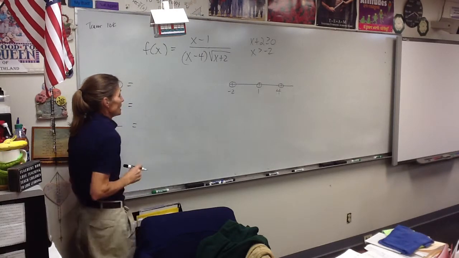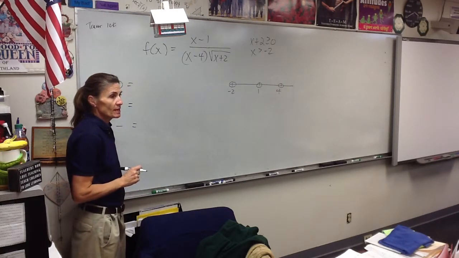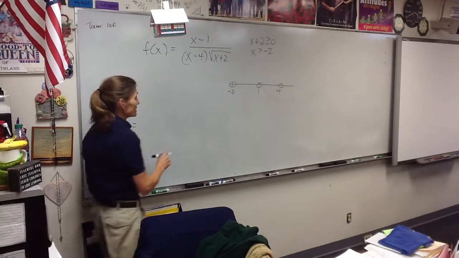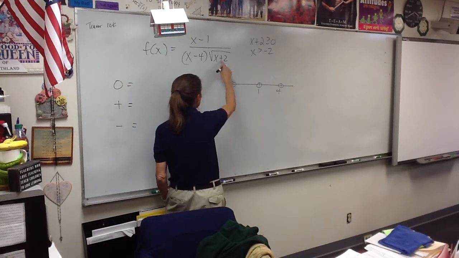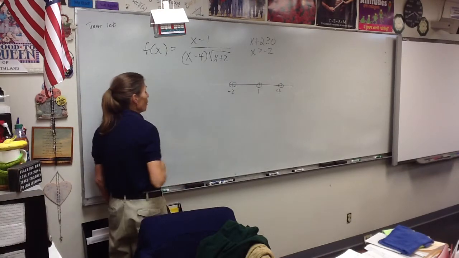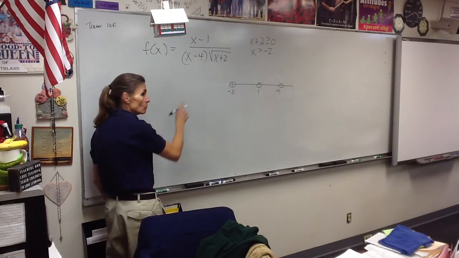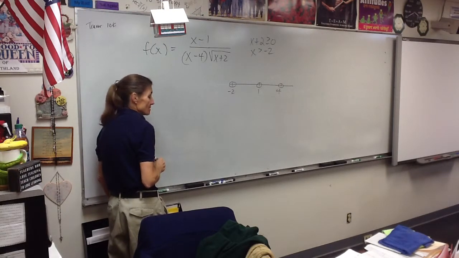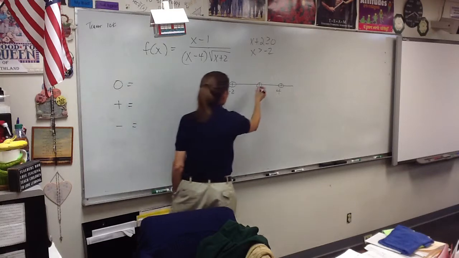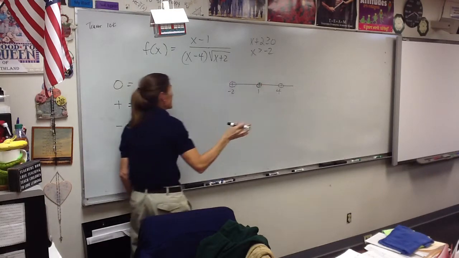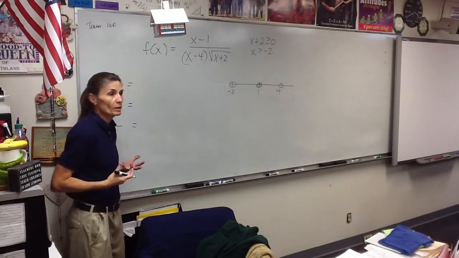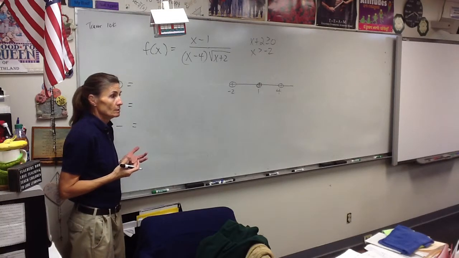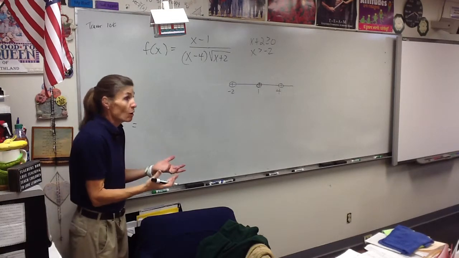So let's see. Would any of those dots be able to be filled in? We already said this one can't be filled in. We can't equal -2. Can we equal 1? Yes, we can equal 1. What would be the problem? Those of you that are saying no, what would be wrong with equaling 1? Nothing. It gives you 0, right?